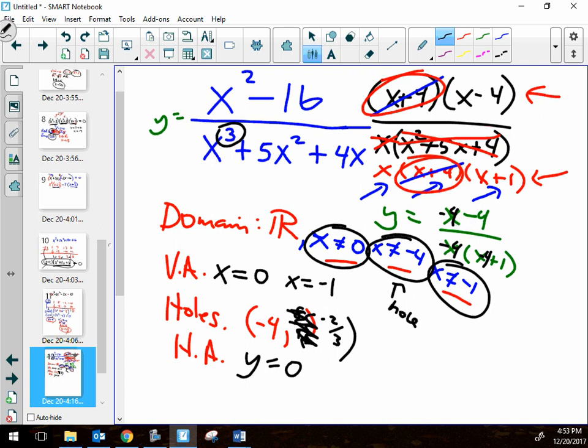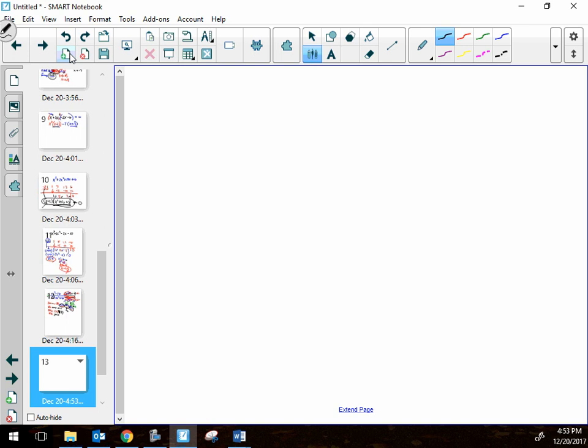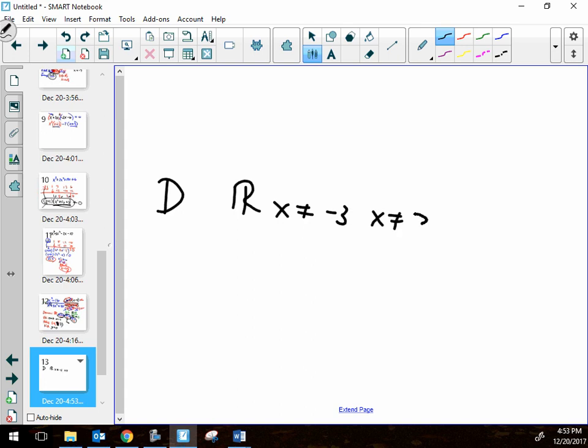Okay, now, could they flip this on you and say, instead, I'm going to tell you the domain. The domain is all reals except x cannot equal negative 3 and x cannot equal 3. And what if they told you the horizontal asymptote was y equals 0? And then I'd be thinking to myself, okay, well, which one does that mean?